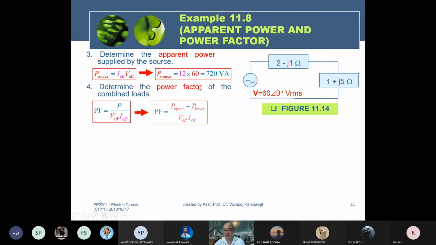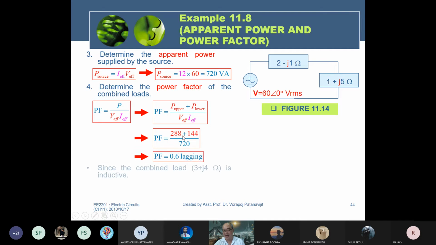The idea is the ratio between the power that you generate and the power that you really use. The power absorbed by the top load equals 288. The power by the other load is 144. But the total power that you generate is up to 720 VA. 720 VA is this vector.